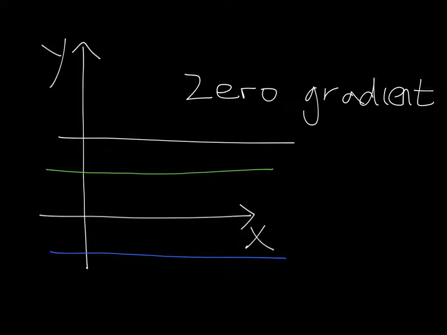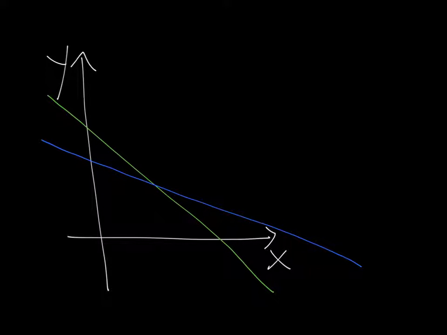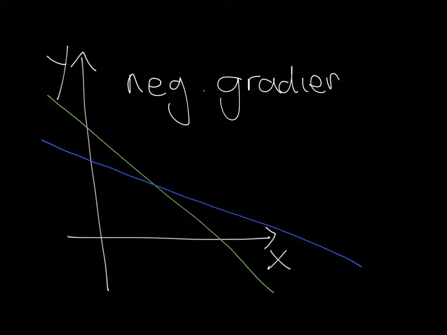They're flat, simple as that. And lines that slope downwards from left to right, unsurprisingly, are said to have a negative gradient. They go downhill, left to right.